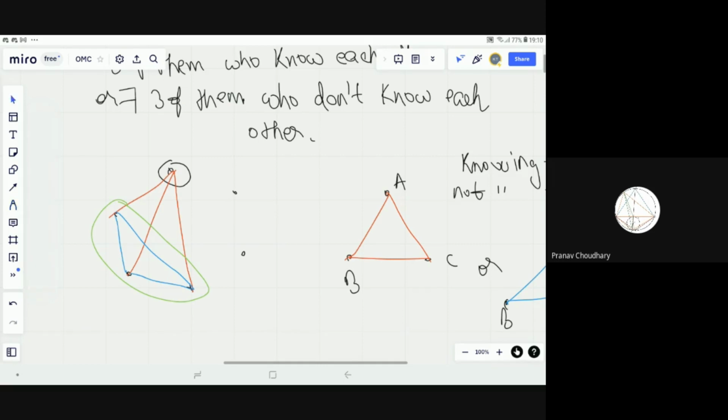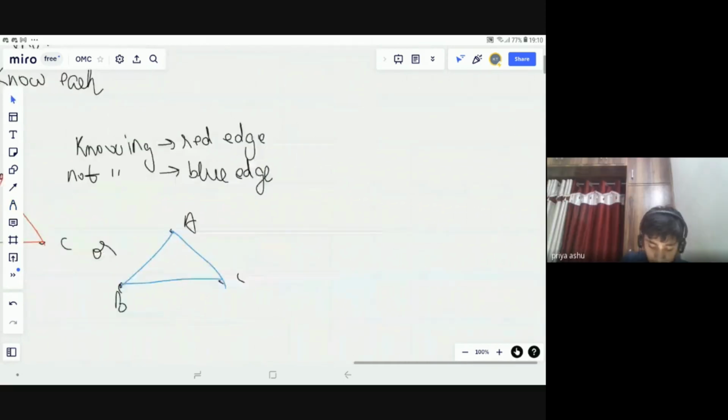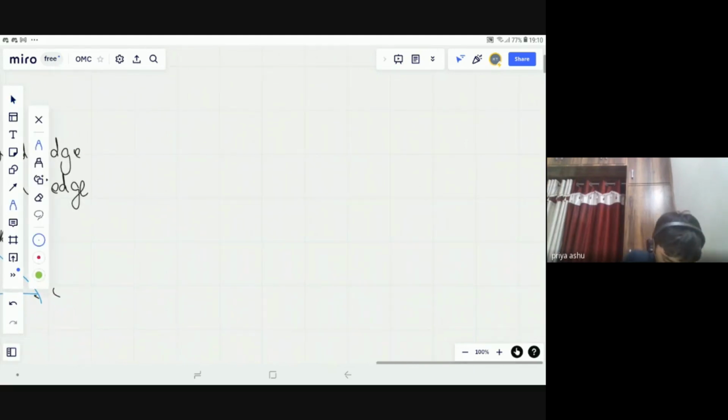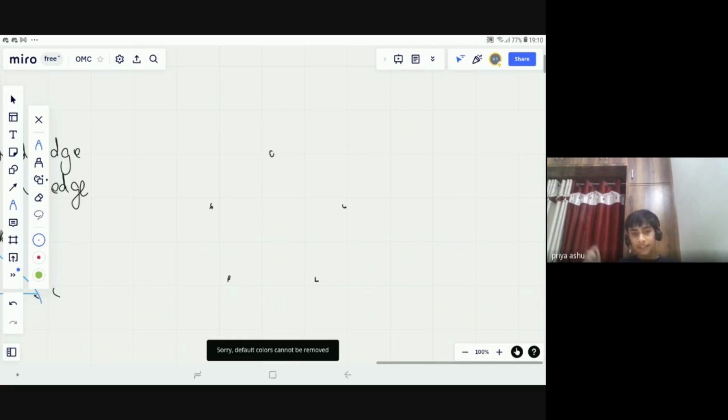Okay, cool. So also, the bound 6 is sharp. That is, if you have five vertices and we color the edges of this K5, the complete graph on 5 vertices, red or blue, then we can have such a coloring in which there is neither a red triangle nor a blue triangle.